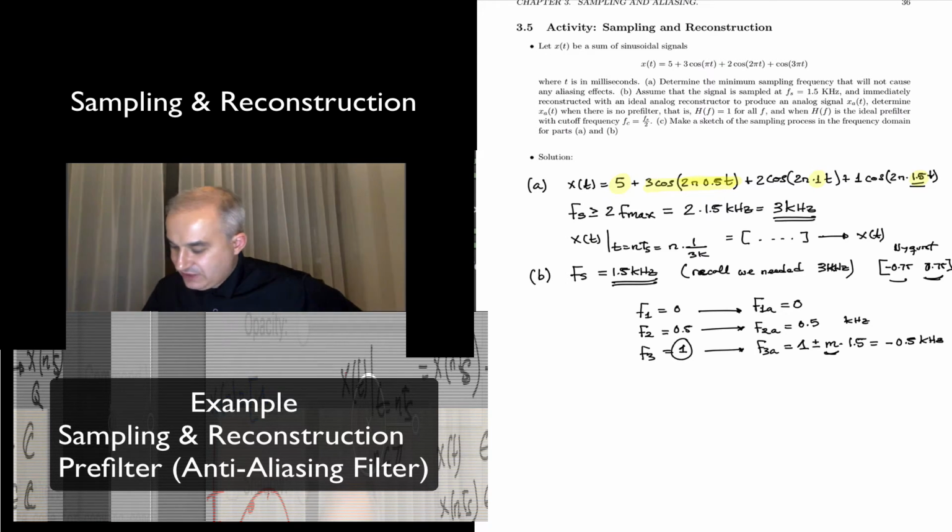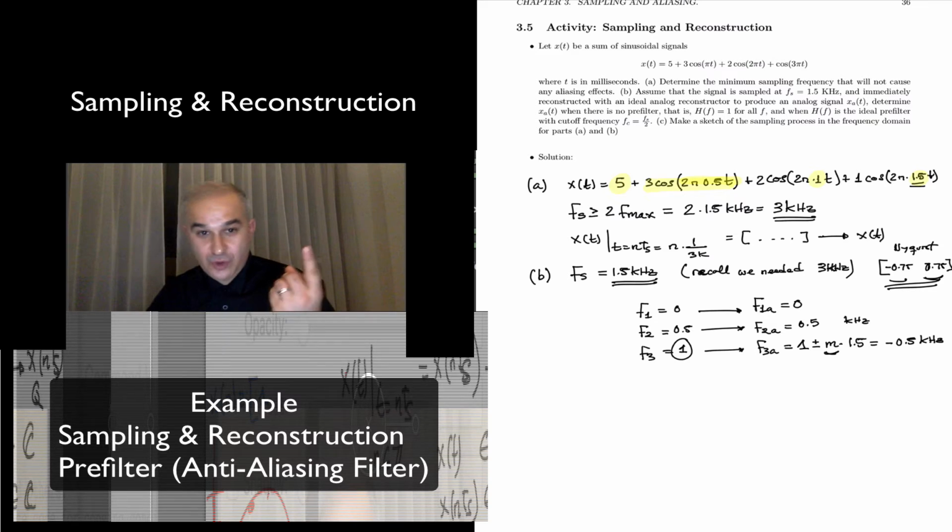Notice that if we did m equals 0, 0 times 1.5 gives me 0, so I have 1 outside the range, will not work. M equals 2, it will be 2 times 1.5 plus 1, which is 4, outside. M equals minus 1 is what we have here: 1 minus 1.5 gives me the minus 0.5, which is within the range.